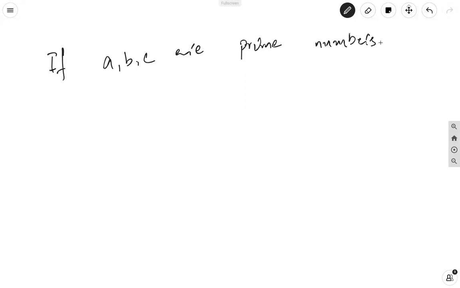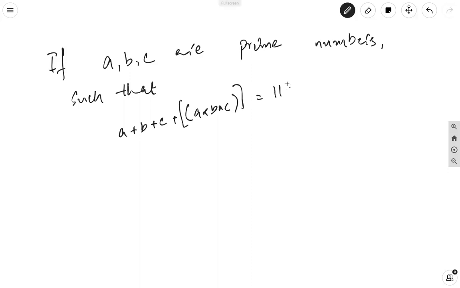A, B, and C are prime numbers such that A plus B plus C plus A into B into C is equal to 119.